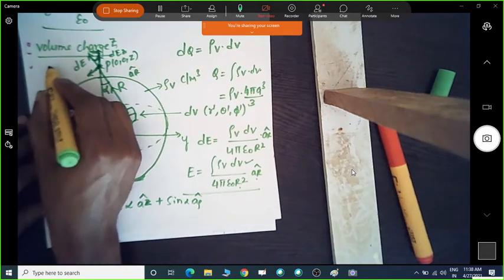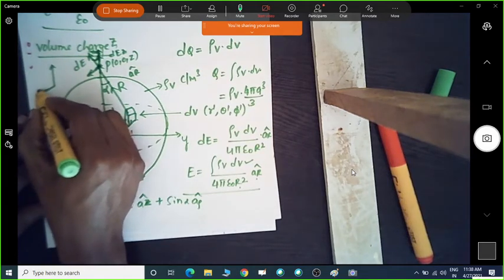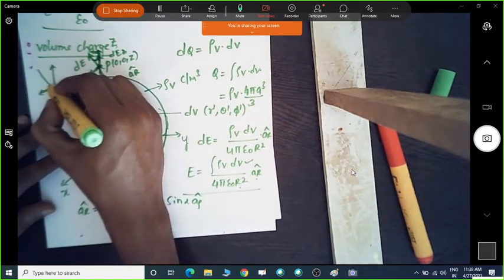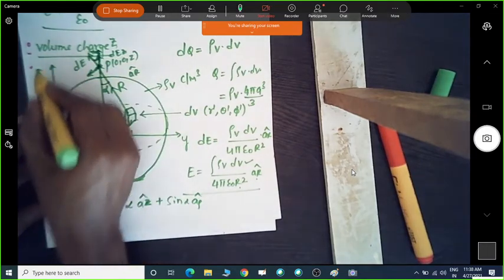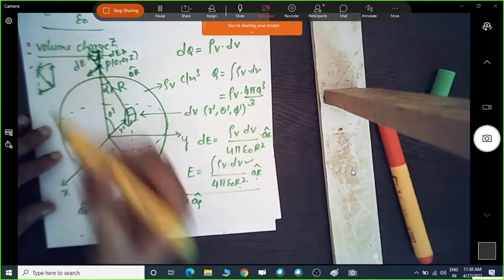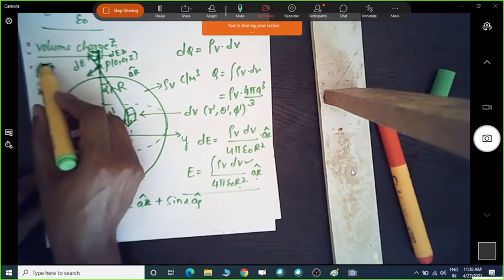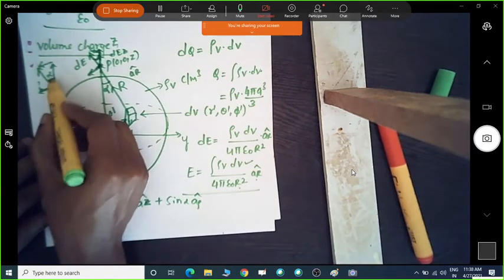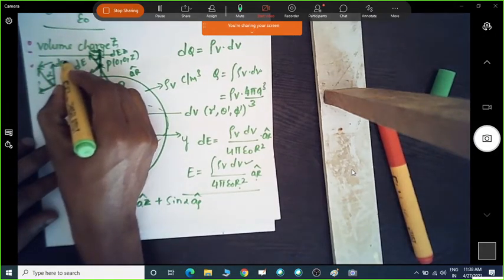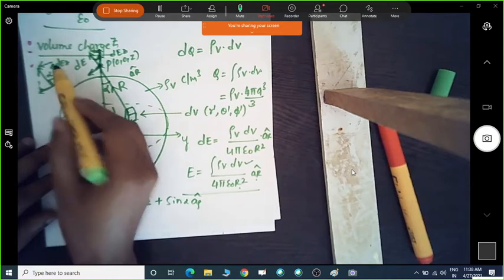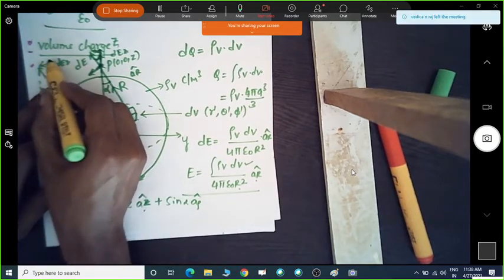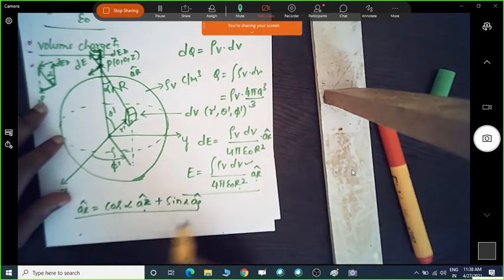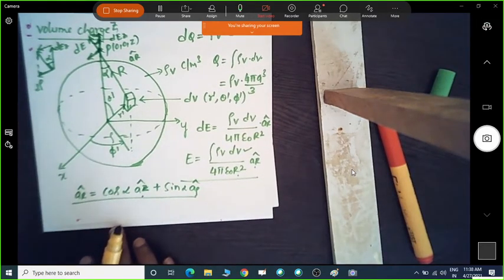Assume both are perpendicular and the resultant will be this one, so the same thing we have projected here as rectangular components. This angle is alpha, so the z component is cos alpha into the az component, and similarly sin alpha into the a rho component. That is what we have written as the unit vector AR.